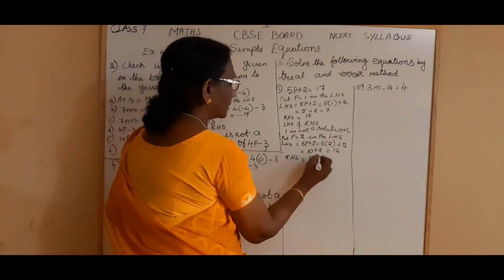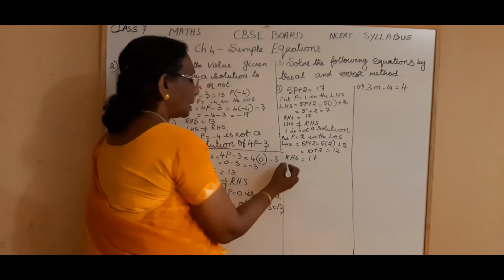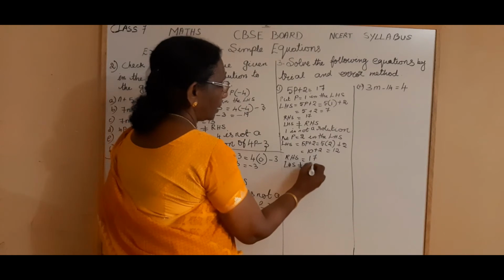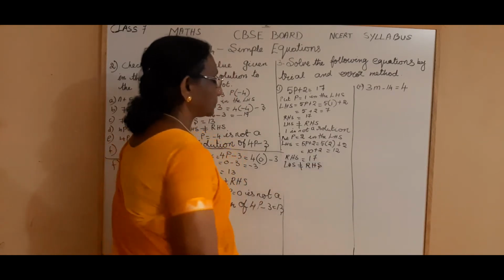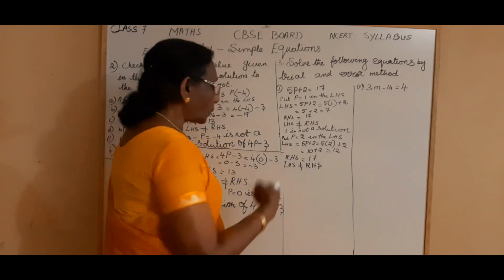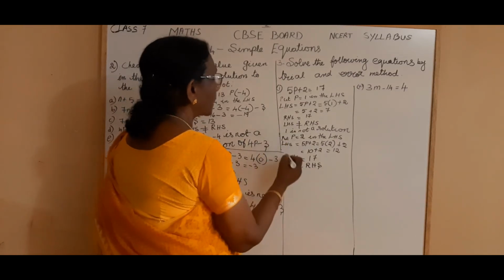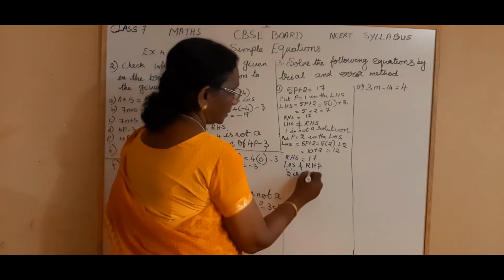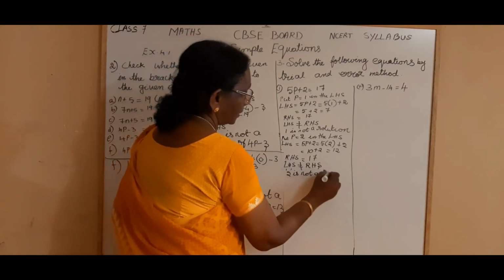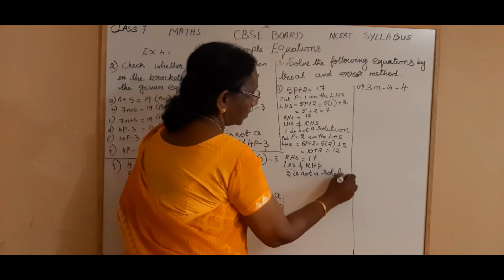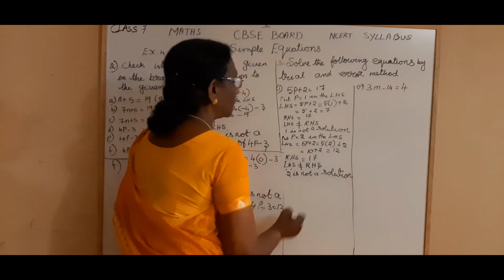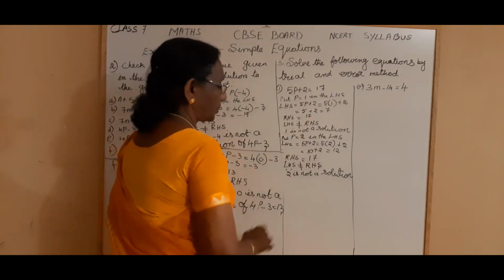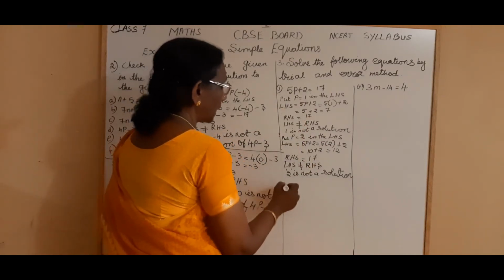It is 17. Again, LHS is not equal to RHS. So what will you write? 2 is not a solution of the equation.